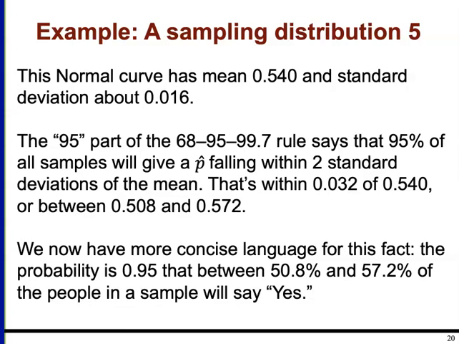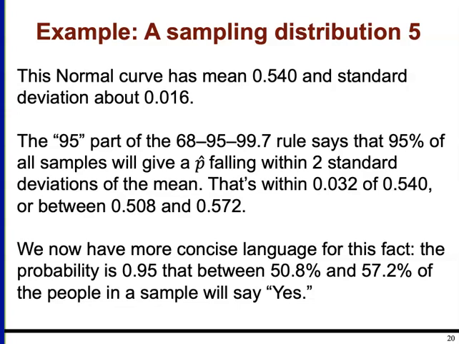We can apply that here to our samples, and that means that 95% of our samples will fall within 2 standard deviations of the mean. So 2 standard deviations would be 2 times 0.016, which gives us 0.032. So take that 0.54, subtract 0.032, and add 0.032, and we know that 95% of our sample proportions are going to fall between 0.508 and 0.572.